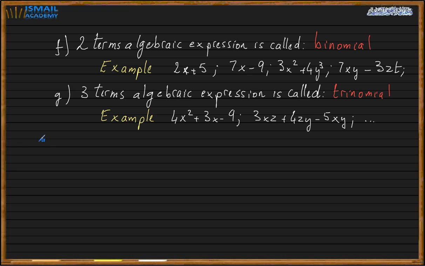If I have four terms or more, we call it a polynomial. So a four or more term algebraic expression.